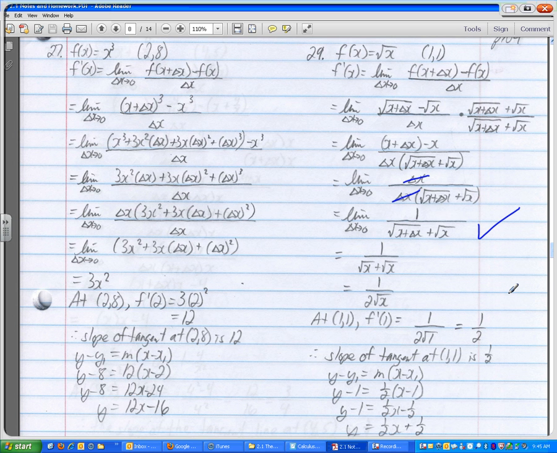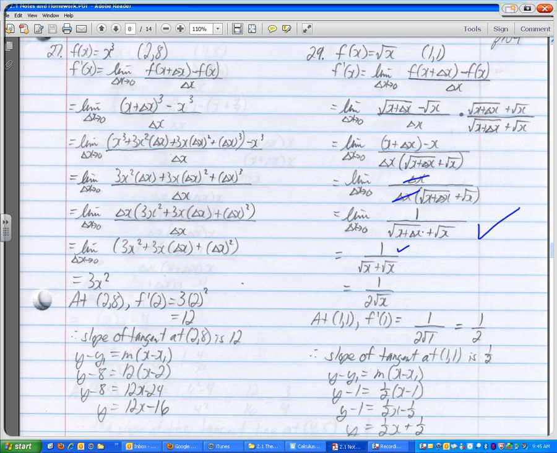Can we substitute now? We can substitute now. Because it won't give us a denominator of 0 now, because the factor of delta x that was going to make the denominator equal 0 is not there. So replace delta x with 0. So 1 stays 1.